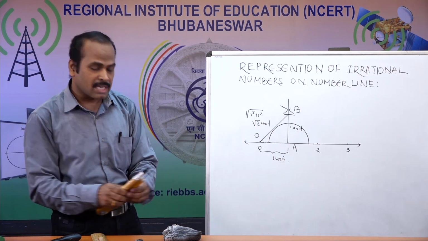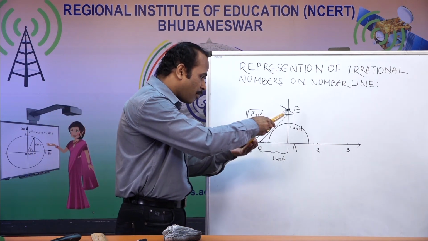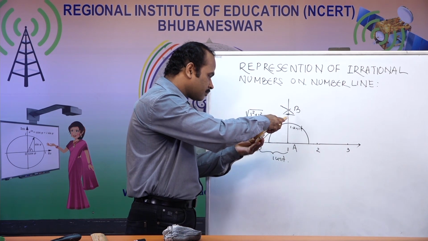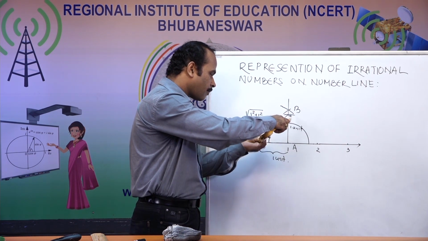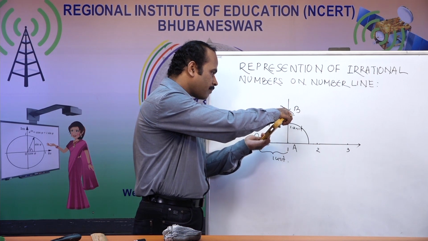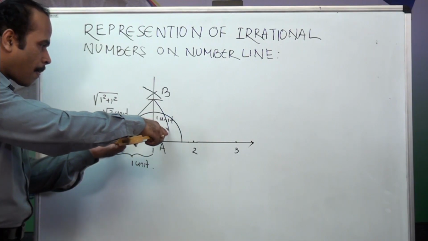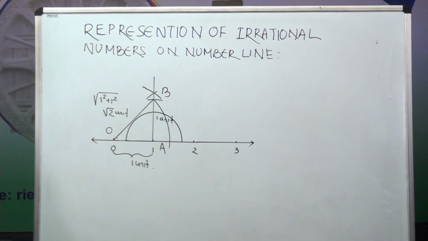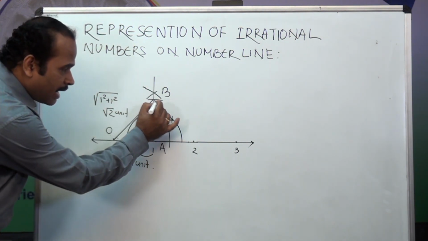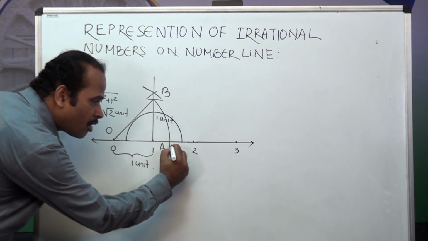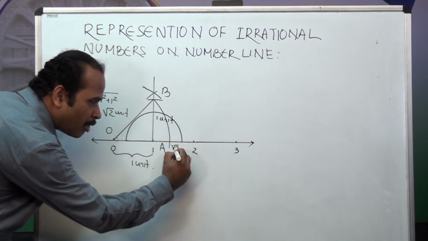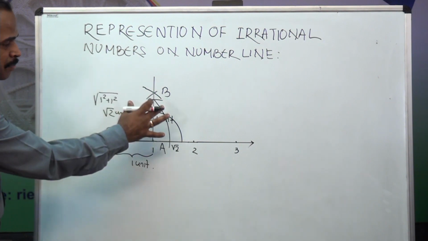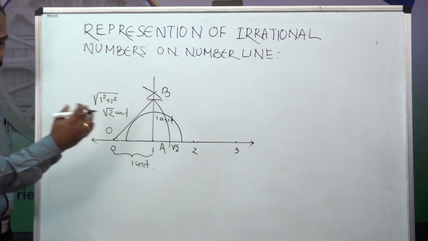We again select our compass, take this length, and bring it here. The arc cuts the number line at this point, so this point represents root 2. By this process we brought root 2 onto the number line.